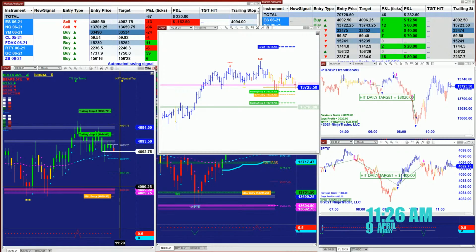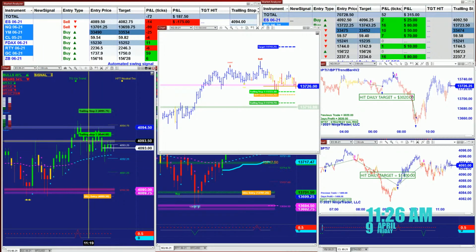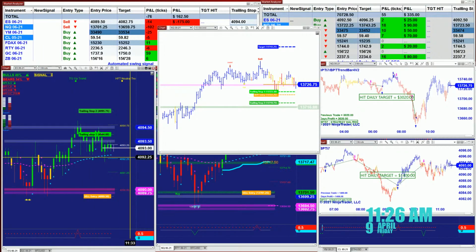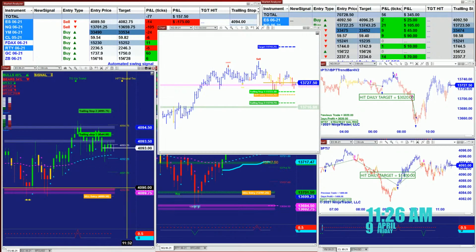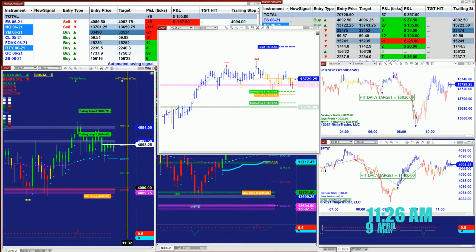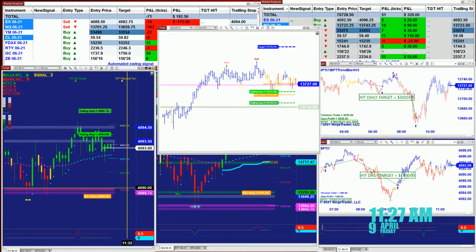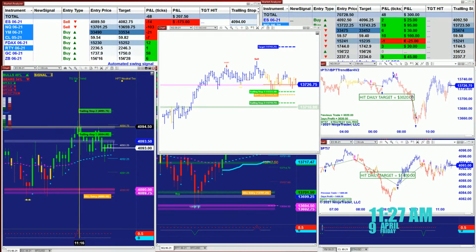So now, look at this. Look at the ES. It's very nice to read the chart sometimes. A few minutes ago, he was going head to head with the 40.94.